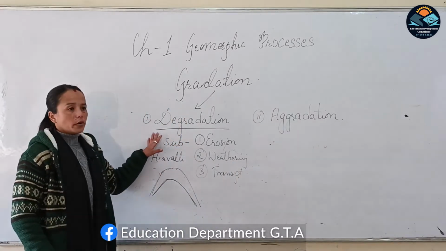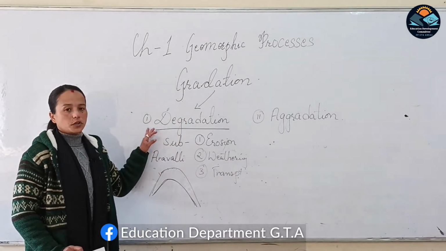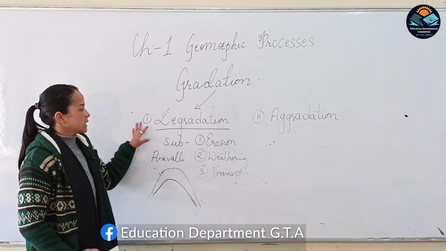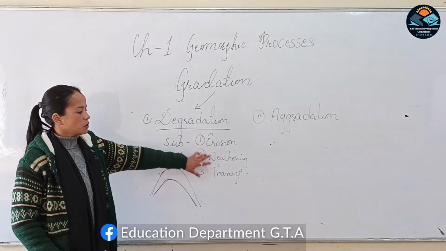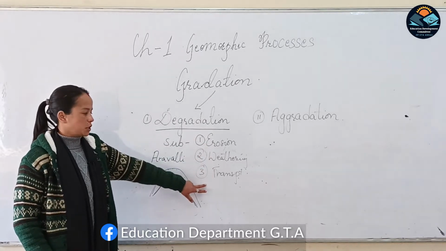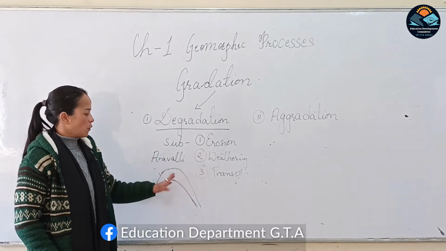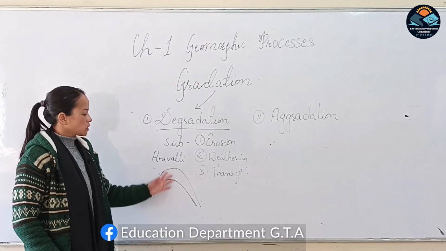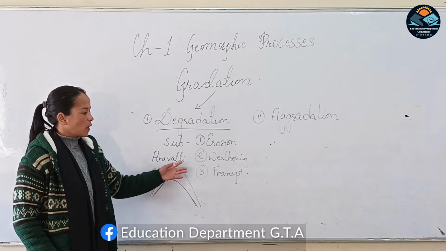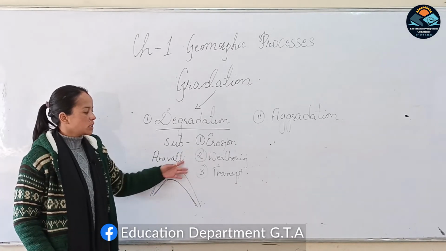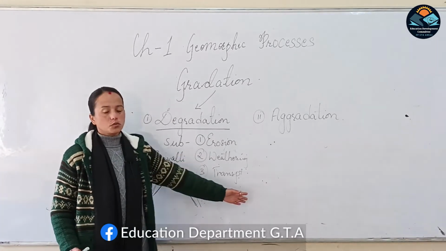So the lowering down of the height of the earth's surface is done by these three processes: erosion, weathering and transportation. Because of the weathering, the rocks are broken down, and the weathered materials are eroded and transported to some other place.